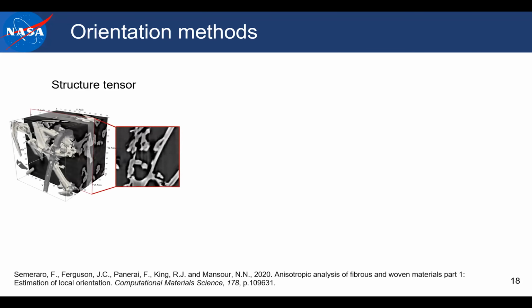The first one that we implemented is called the structure tensor, which is an image processing technique that works directly by looking at the gradients of the grayscales throughout the micro-CT. And we are solving an eigenvalue problem by picking the direction in which the gradient is changing the least.